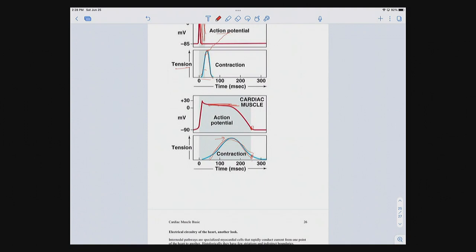And you'll recall that this is advantageous for this tissue to have this long plateau, because I would not want to have a quick action potential and then have this long contraction, and now these guys are ready to go again. If I start popping with more action potentials and I'm in the middle of the contraction, no good comes from that.